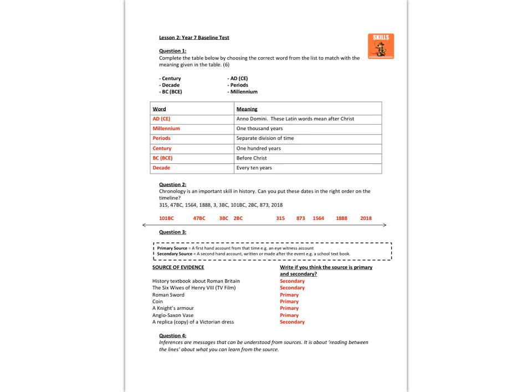The two terms, AD in the year of our Lord and CE Common Era, they are interchangeable. And the other definitions there are provided. BCE becomes before the Common Era. Still measured from the birth of Christ, but again, it's an alternative secular way of expressing that measurement of time.